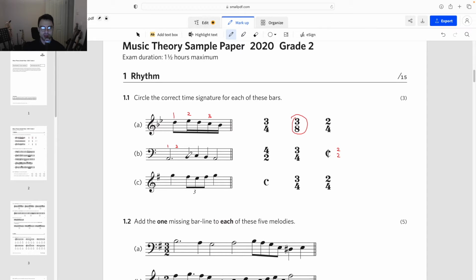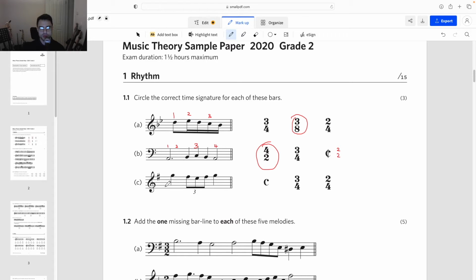And now this would be the and of 2, and this would be on the third beat of the bar. This would be on the and of 3. And this final minim would be on the fourth beat of the bar. So we can fit 4 minims into this bar. So the answer for that, 4 minims.